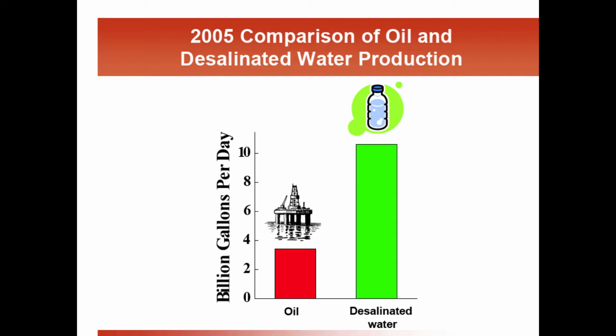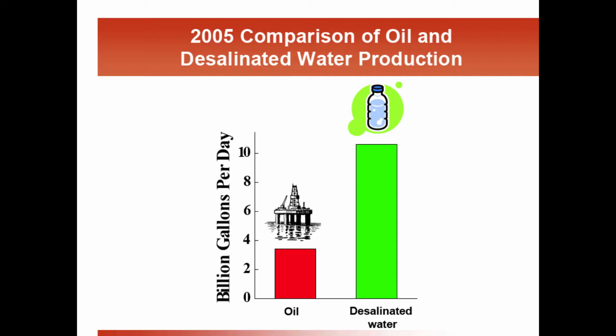If you think about a fluid that we produce in great amounts and move around quite a bit, oil might come to mind. And so this, at least in 2005, was the number of billion gallons of oil that we process per day. And we're desalinating 3 times that amount of water.